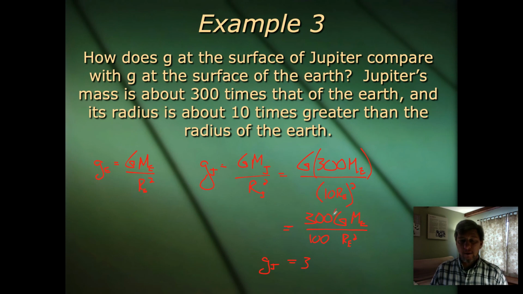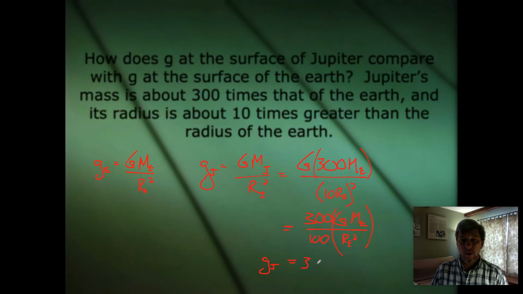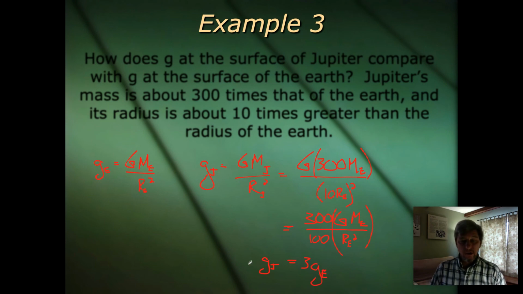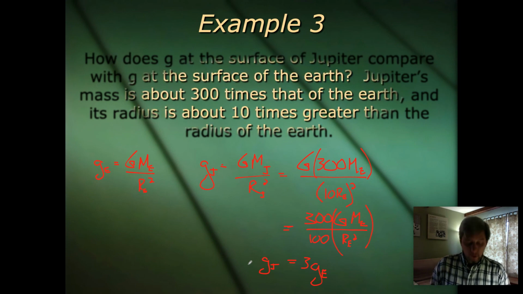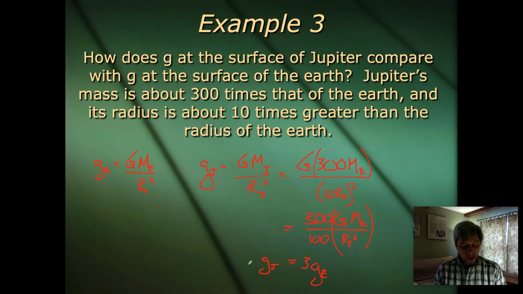And this, G times M_E over R_E squared, is equal to simply g_E. And so the answer here is that the acceleration of gravity on Jupiter is about 3 times greater than the acceleration of gravity on Earth.